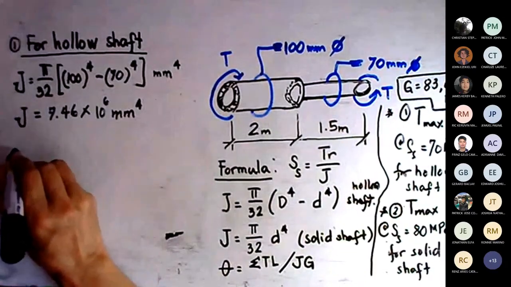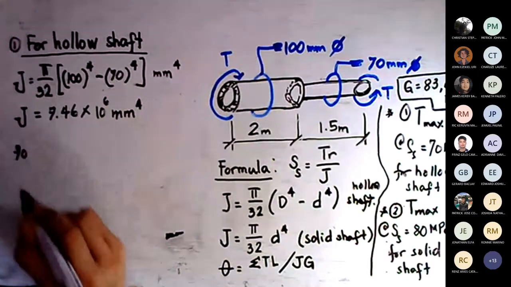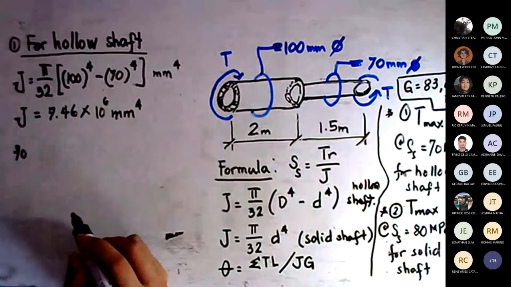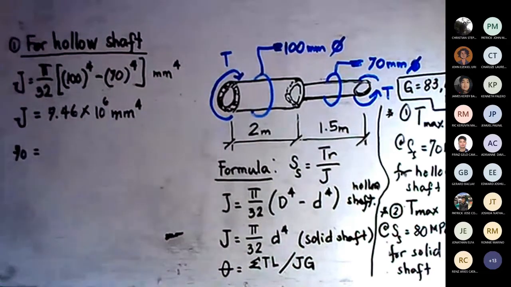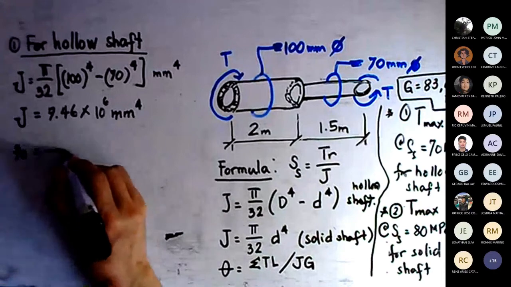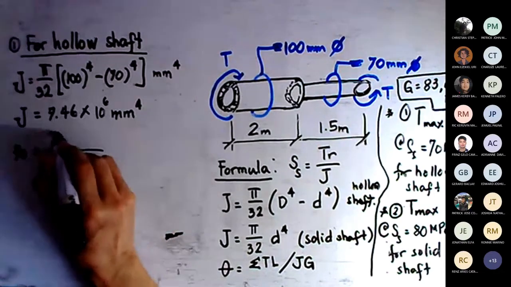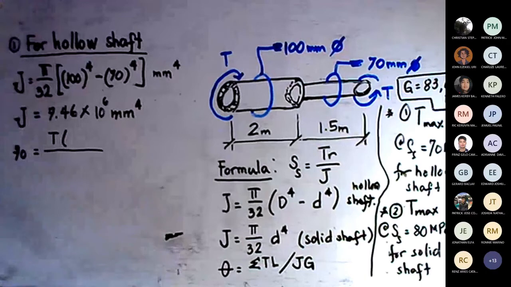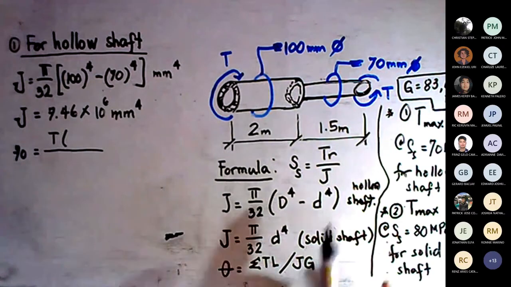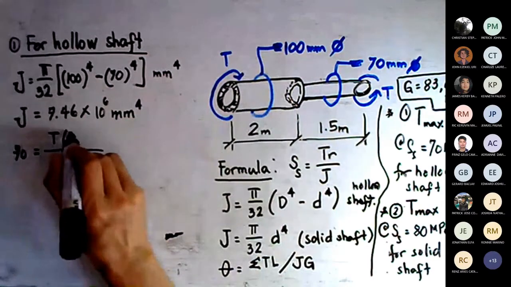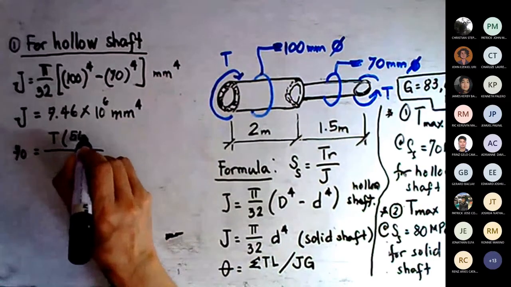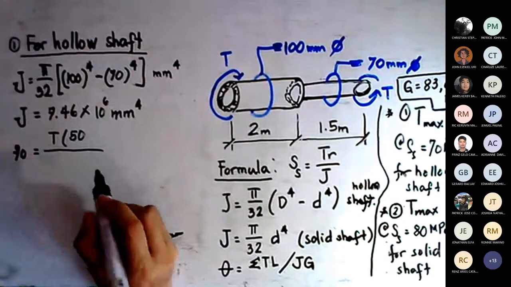Using the formula for the shearing stress, 70 megapascal, ibig sabihin 70 Newton per millimeter squared is equal to, we don't know the torque, but we know the radius. So, ang gagamitin natin ngayong radius, yung outside radius. Dahil 100 mm ang diameter natin, ang radius natin, 50. Okay? So, 50 mm.